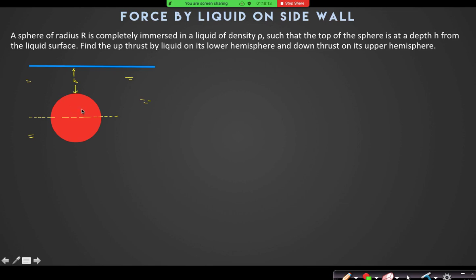I'm not asking about the net force on it, only what is the force by the liquid. Sir, is the upthrust rho g into h plus r by 2 into pi r square by 2? So I'm getting rho g into h plus 3r by 2 into pi r square by 2. Okay, let us calculate the upthrust force.